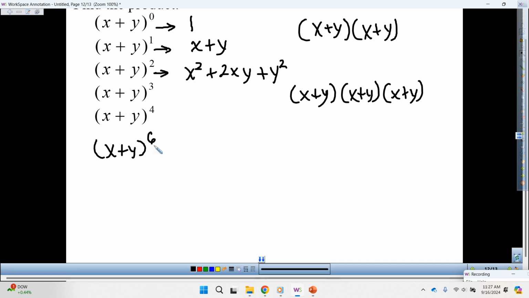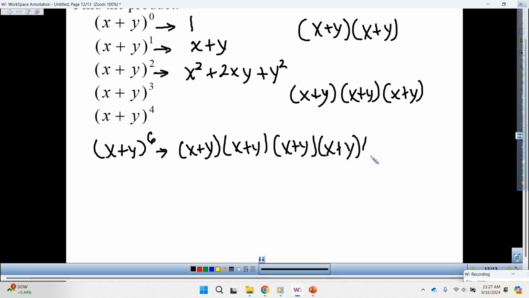Imagine x plus y times x plus y, six times. It's a lot of work. So Pascal found out a pattern of how to do all that work, which is a Pascal triangle. So with that said, copy this one please on your paper.